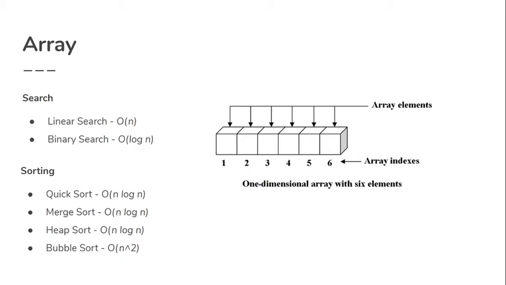Here I mentioned the 4 famous sorting techniques which are really used in current real-world applications: quick sort, merge sort, heap sort, and bubble sort. Among these algorithms, quick sort is very fast compared to the others, and it's the more preferable one. Also, I mentioned here the time complexity of each sorting.